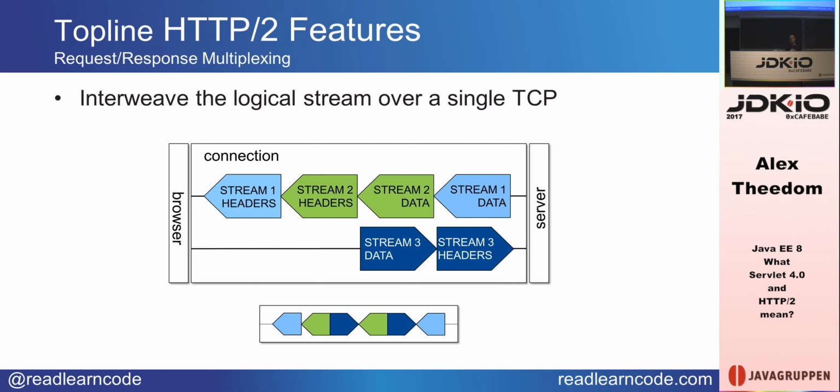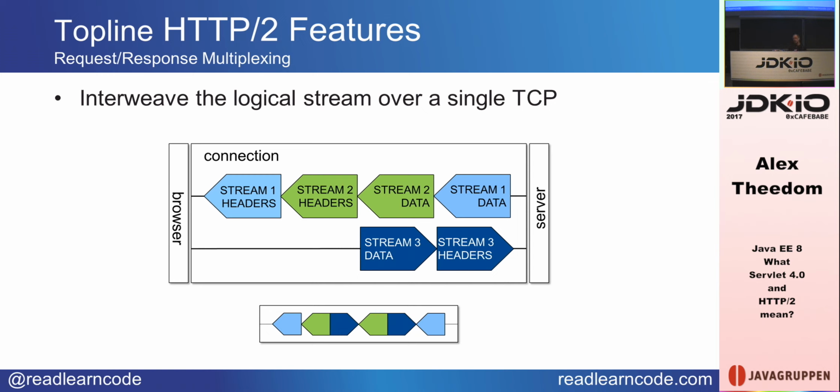Okay? It's not the same as with HTTP 1.1 or 1.0, where you have a request and a response, then a request and then a response. What you have here is request, response and request, and response and request, all interweaved in their little parts, because they've been broken up into their constituent parts. So they've been broken up into headers, they've been broken up into various data parts or data frames.